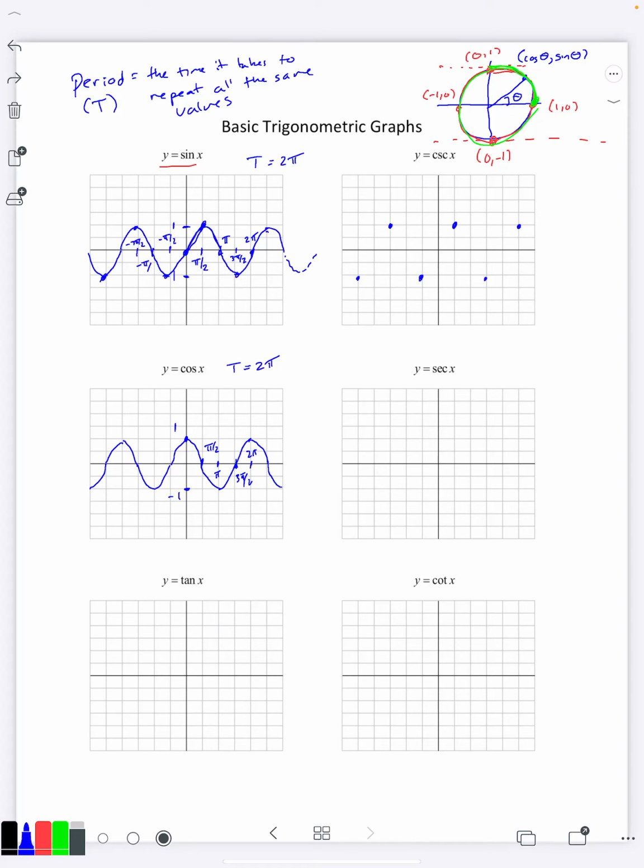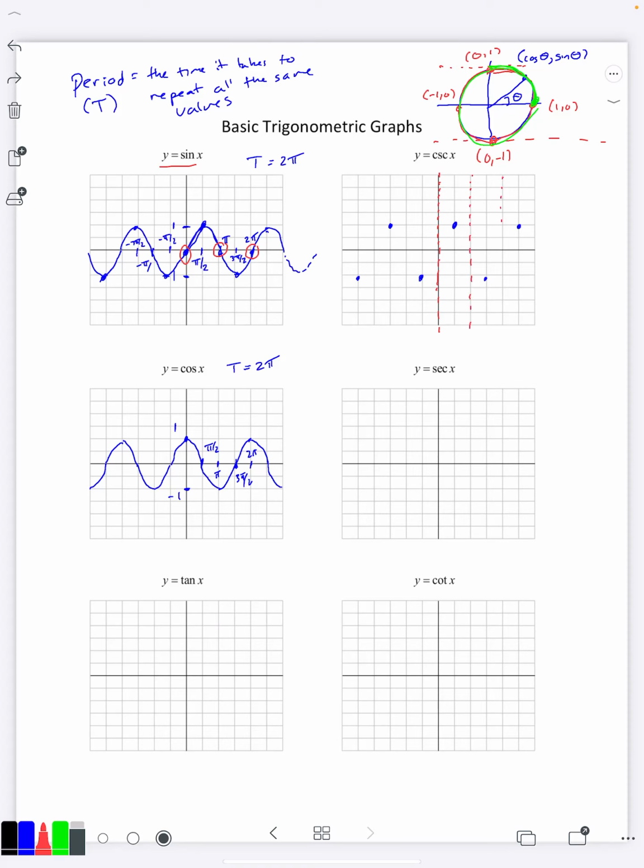And then a very important fact is, if the value of sine is 0, like right here, the y value is 0, if you try to take the reciprocal of that, that's undefined. And so every place that you have a y value of 0, your graph is not going to be defined. It's going to have what we call a vertical asymptote.